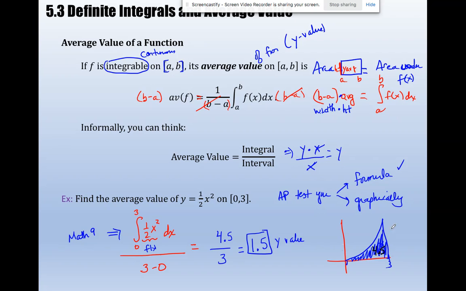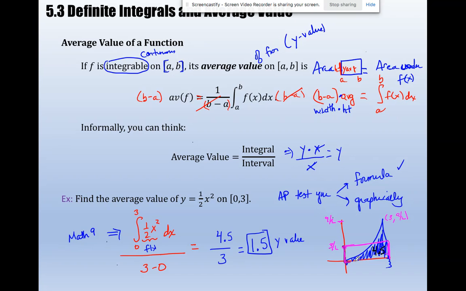This is 3 comma what? 3 squared is 9 over 2. Where's 3/2? If that's 9/2, 3/2 is about here, right? Starting at 0 and stopping at 3, draw a constant height of 3/2.